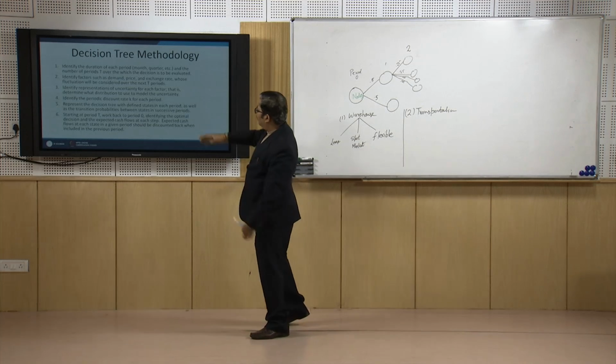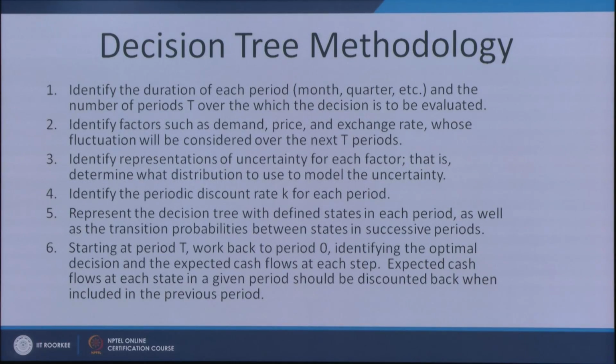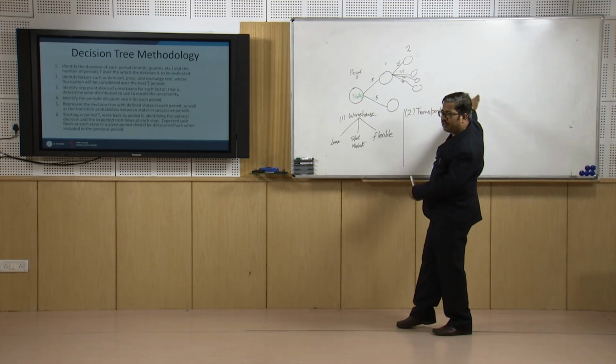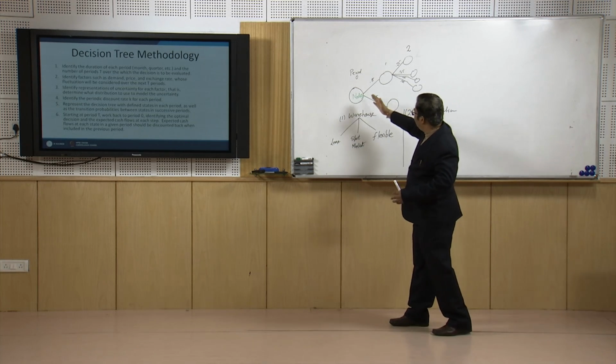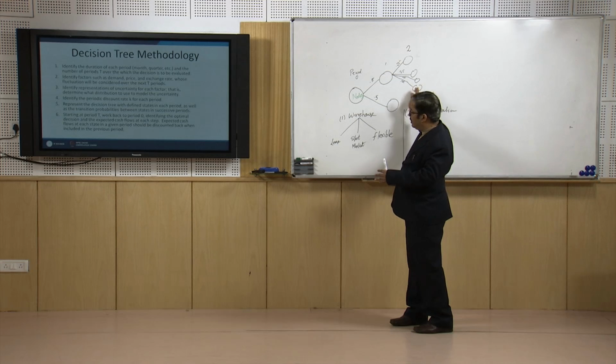And then the number of periods T over which the decision is to be evaluated. Then 0 period, first period, second period, third period, fourth period, etc. So these are the 3 periods over which I am evaluating the decision.